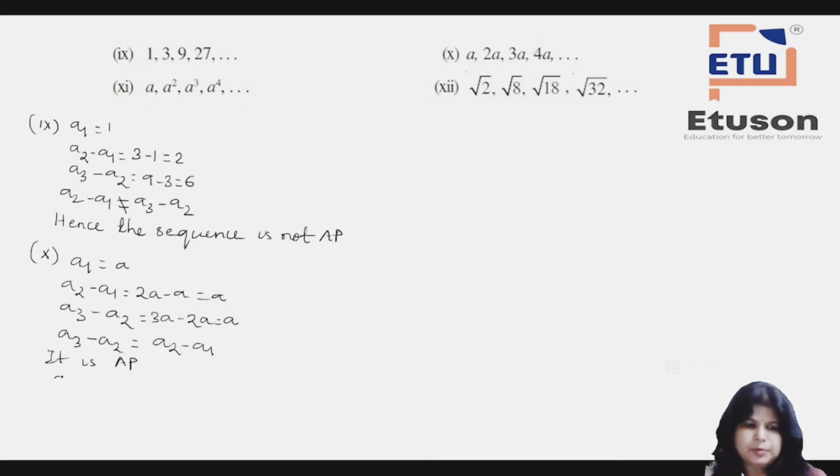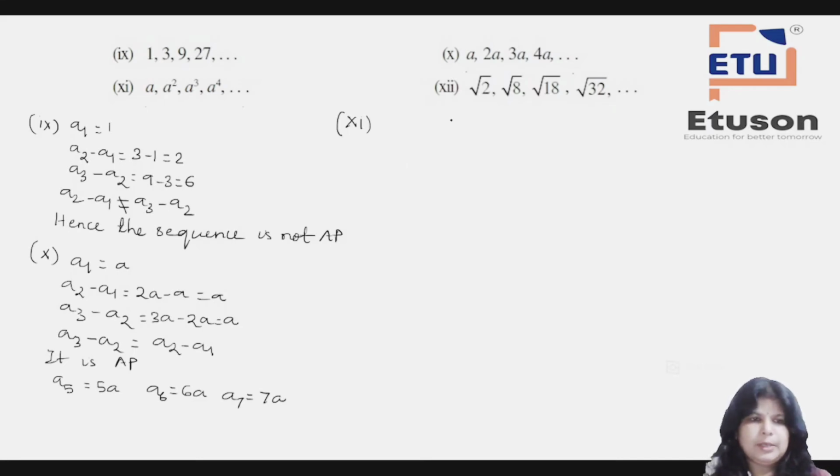So what will be your subsequent 3 terms? Your A5 will be 5A, A6 will be 6A, and A7 will be 7A. Correct or not?